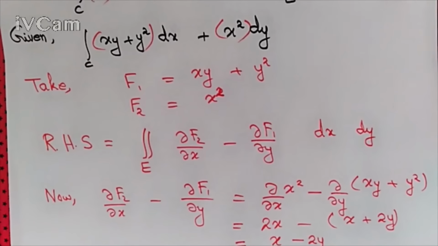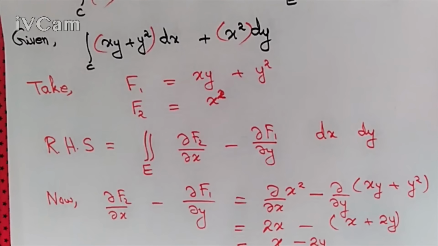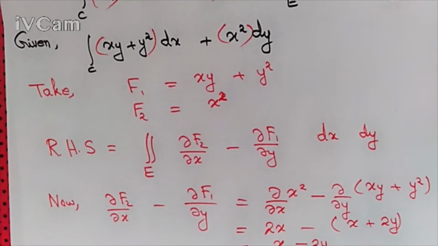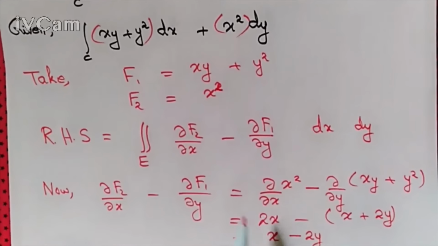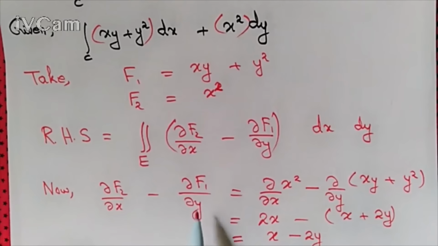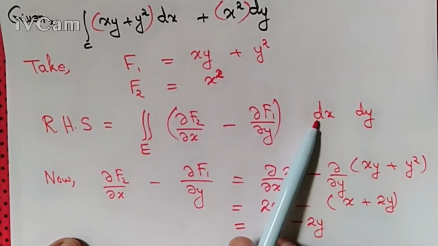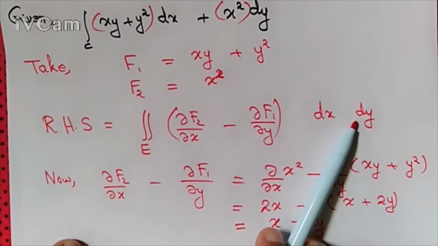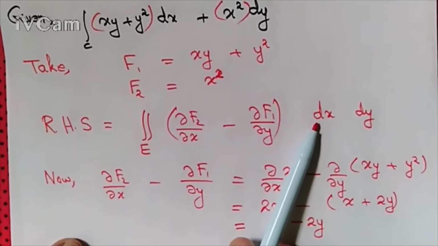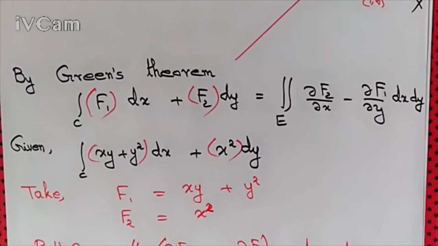Okay, is that enough? No, we need to integrate this function x minus 2y, that is del f2 del x minus del f1 del y, with respect to x and then with respect to y, or with respect to y and then with respect to x. So your right hand side is the integral over the region.